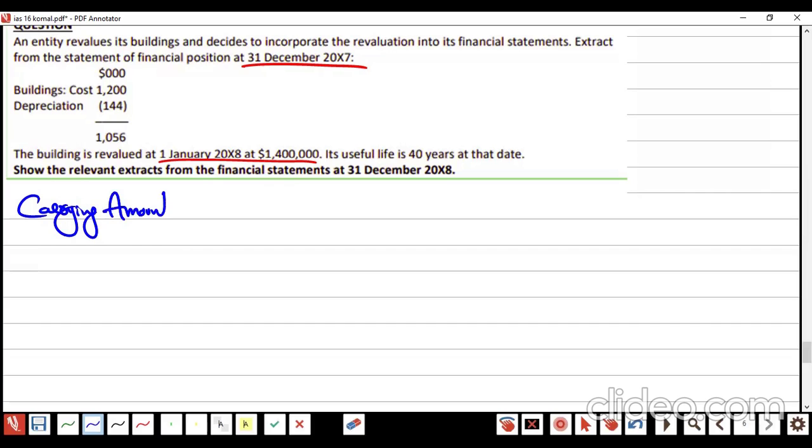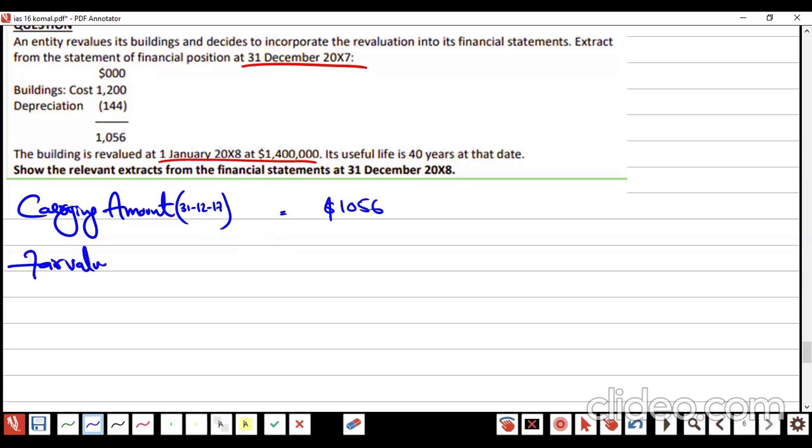Carrying amount is how much? 1056. This is 31st of December 2017, right? X means 1, Y means 2. Then we have fair value.